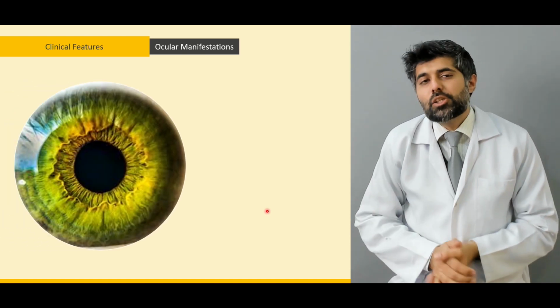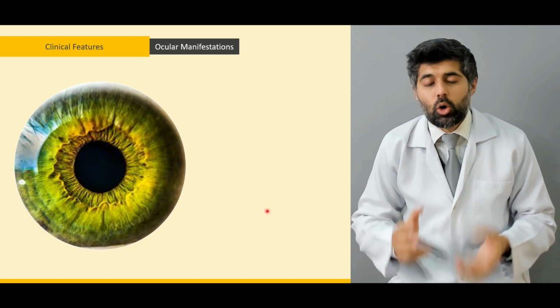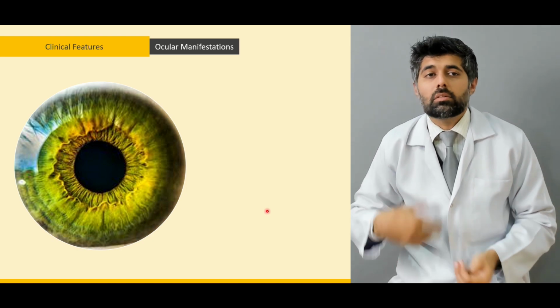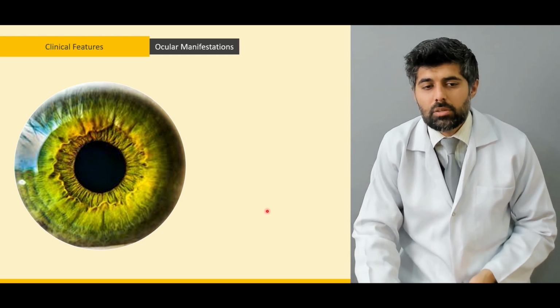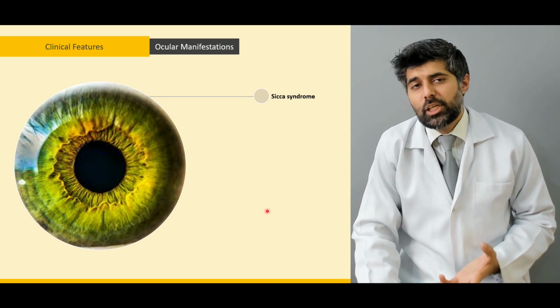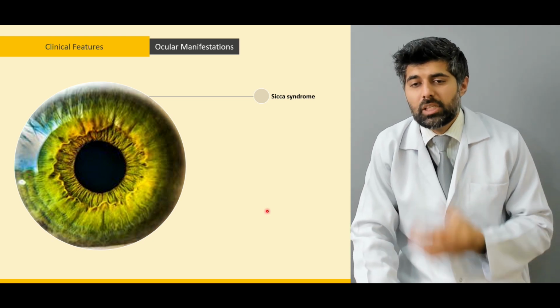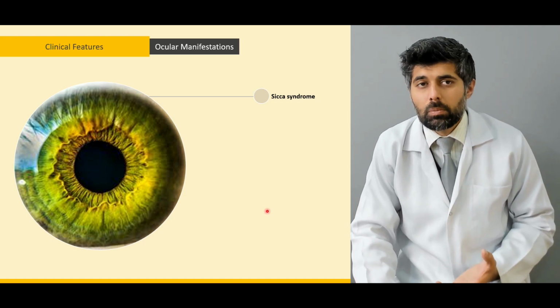Another manifestation with an SLE patient are the ocular ones. Now, the ocular ones are the ones that happen inside the eye of the patient. The most common manifestation in an SLE patient is the Sicca syndrome, also called the Sjogren syndrome.